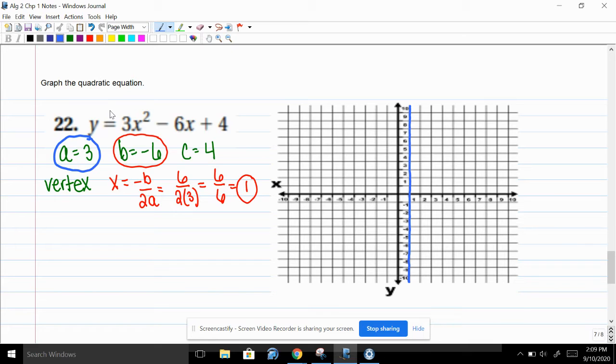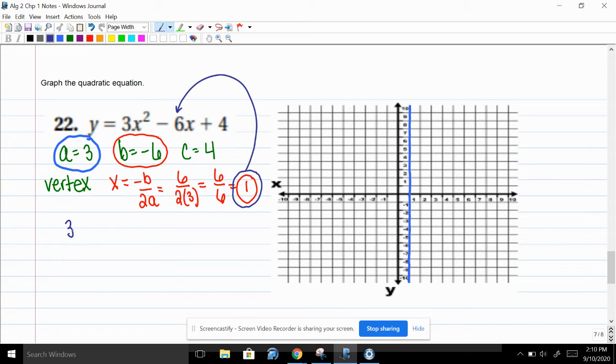Okay, so once I know the x-coordinate of my vertex, then it's time to find the y-coordinate. The only way to find the y-coordinate is to take the x-coordinate and plug it into that equation.